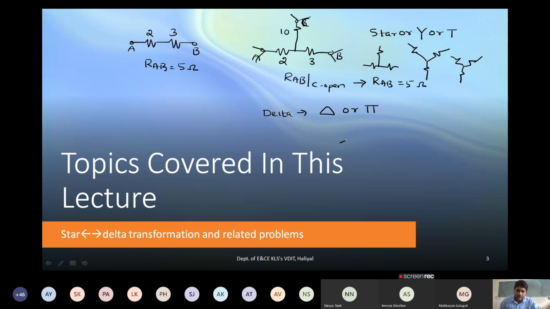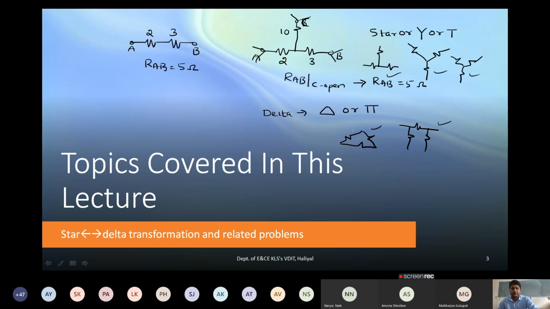So you can have a delta network like this, and if you take it in reverse way, you may have the thing like this also. It looks like a pi network. In all these cases, none of the resistors are connected either in series or in parallel. So how to get into these things?